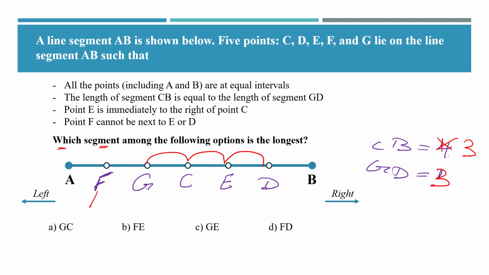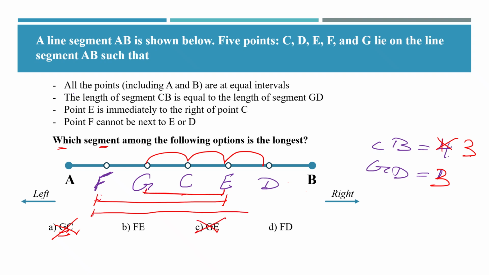Obviously, it's A to B, but it's not given. Let's check what are the options here. G, C, no. F to E, okay, maybe. G, E, no. F to D, yes. I go with F to D.